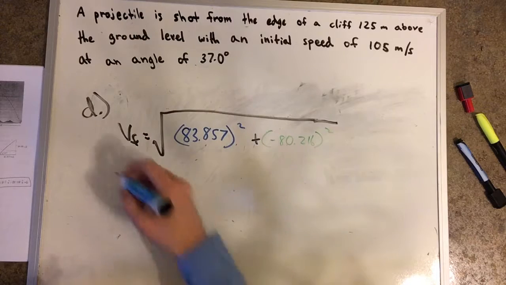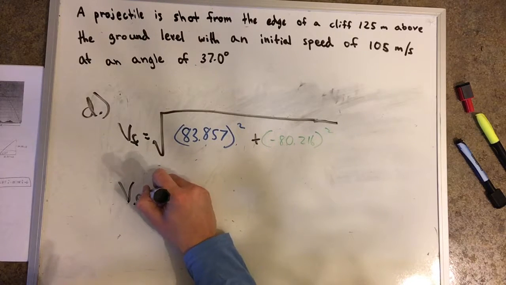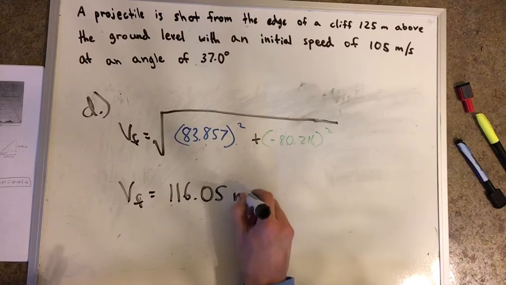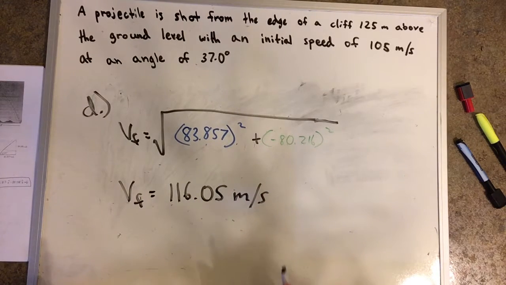By doing the formula, you get an answer of 116.05 meters per second to be the magnitude of its velocity.